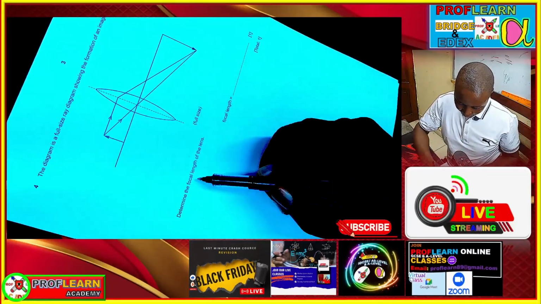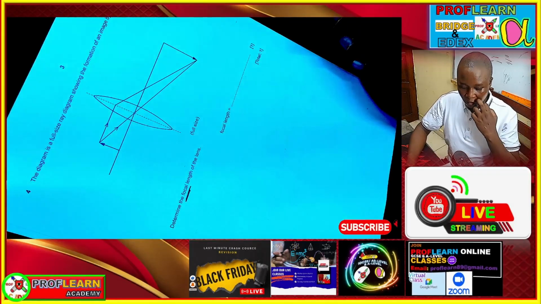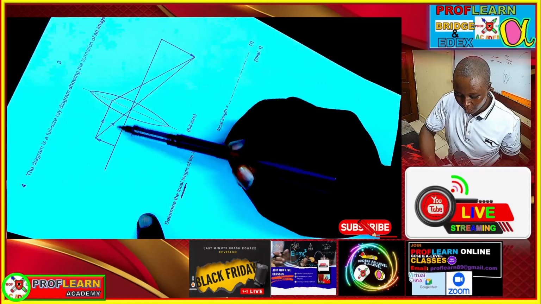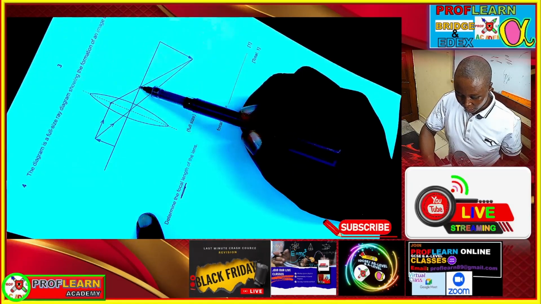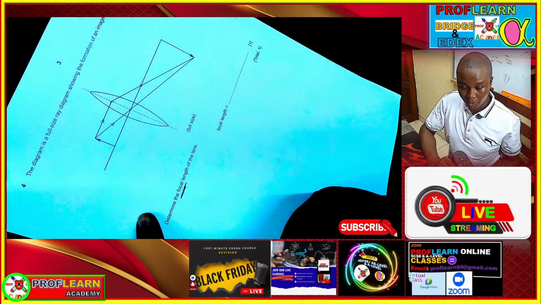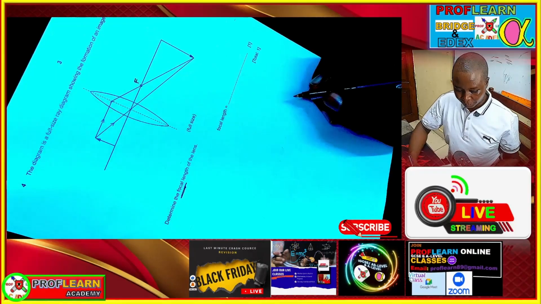Moving on with the paper. Here they are asking to determine the focal length. So the examiner was trying to check, do you understand where the focal length is? Because we know any ray that passes parallel to the principal axis is going to be refracted such that it passes through a point on the principal axis, and that's where we have the principal focus.